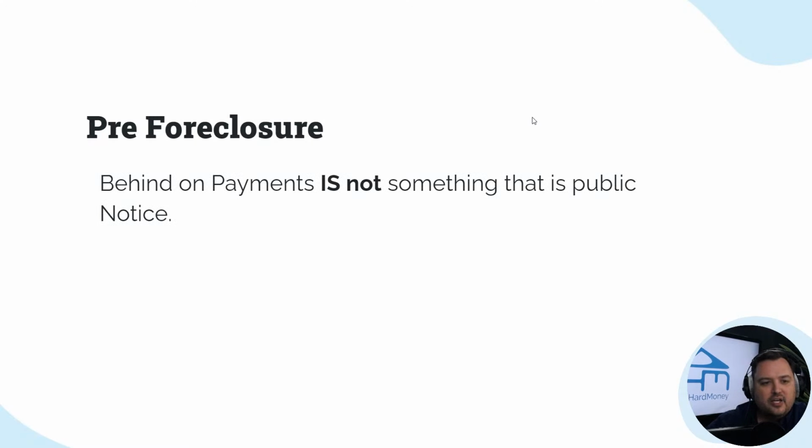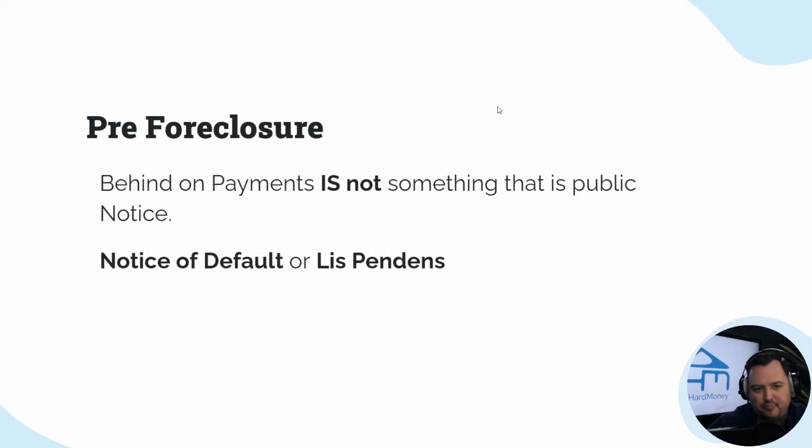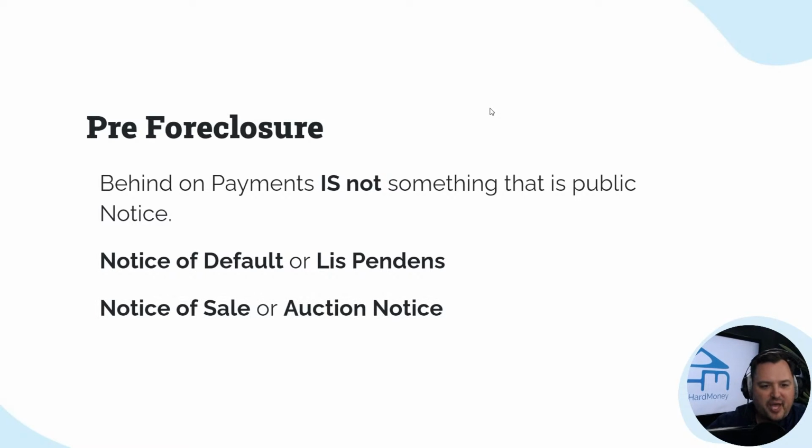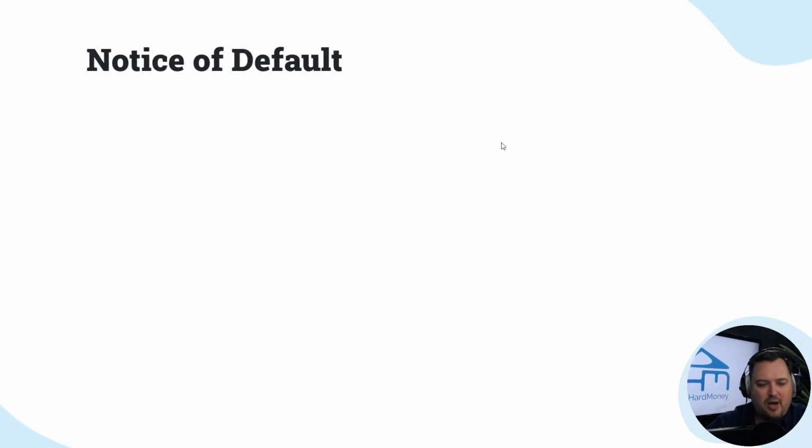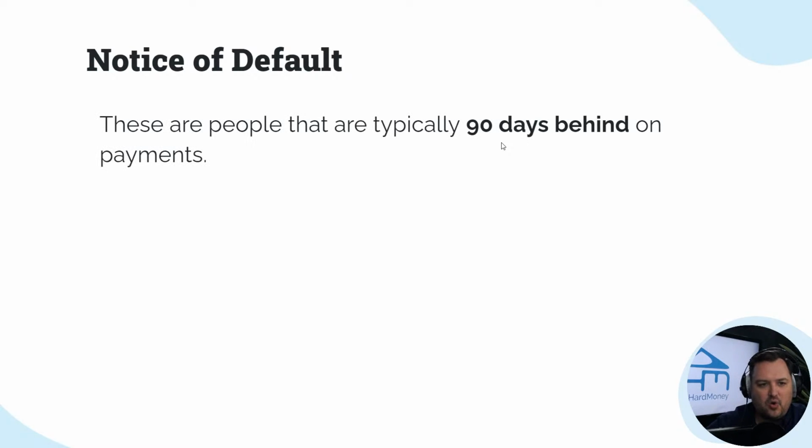Being behind on payments is not something that is public notice. So if you're behind on payments, nobody knows that. But once they file the notice of default, then everybody knows that you got behind on your payments. Notice of default or lis pendens, or the notice of sale saying we're going to sell or auction the property off. Post-foreclosure, this is the bank-owned properties, right? This is when the bank actually owns it.